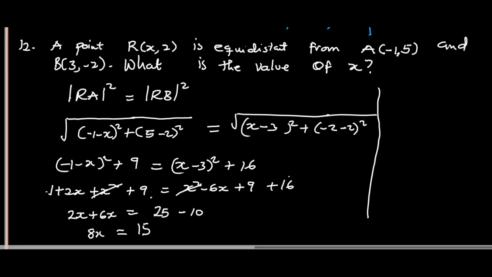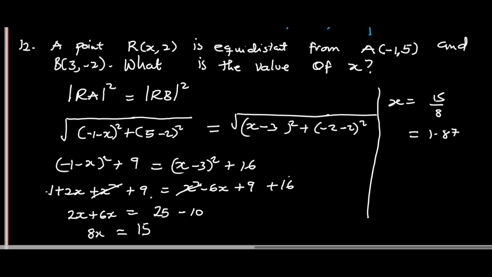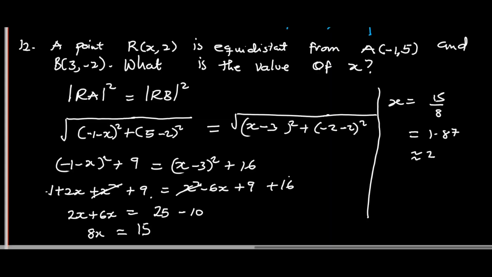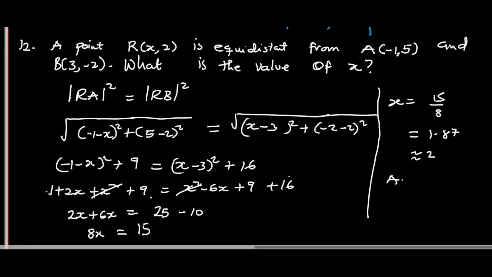I divide through by 8, and x equals 15 on 8, which is 1.87. If I want to choose an answer in a quiz, I'm going to choose 2, since that is approximately 2. So the answer is A from our quiz.